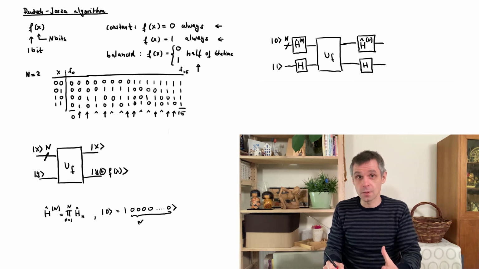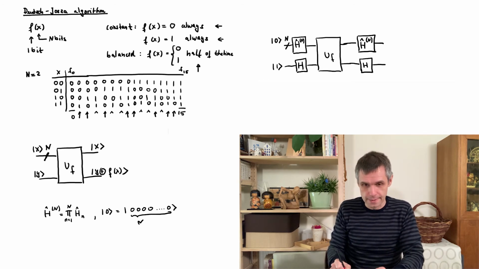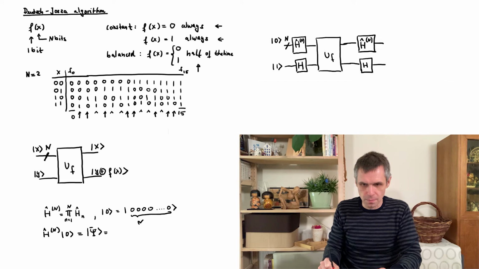It is actually not too difficult to work out what happens next, because we have already established that applying all these Hadamard gates to this state here will just give us the state capital psi, which is the superposition of all the possible computational basis states that I here enumerate as x.